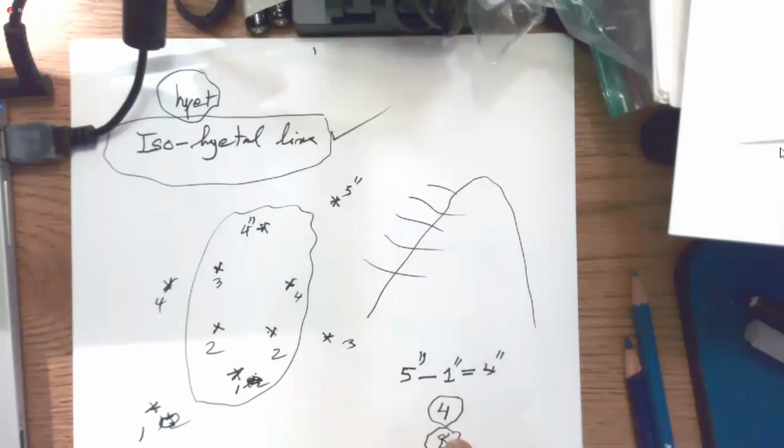The more isohyetal lines you make, the better the estimate you get, but more work is to be done. That's the only problem. The less work you do, the less dependable your estimate is, and the error will be more.